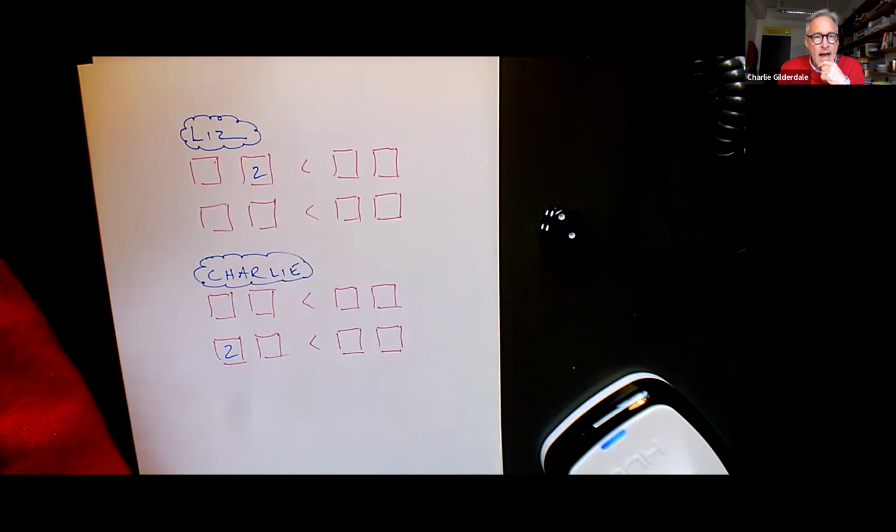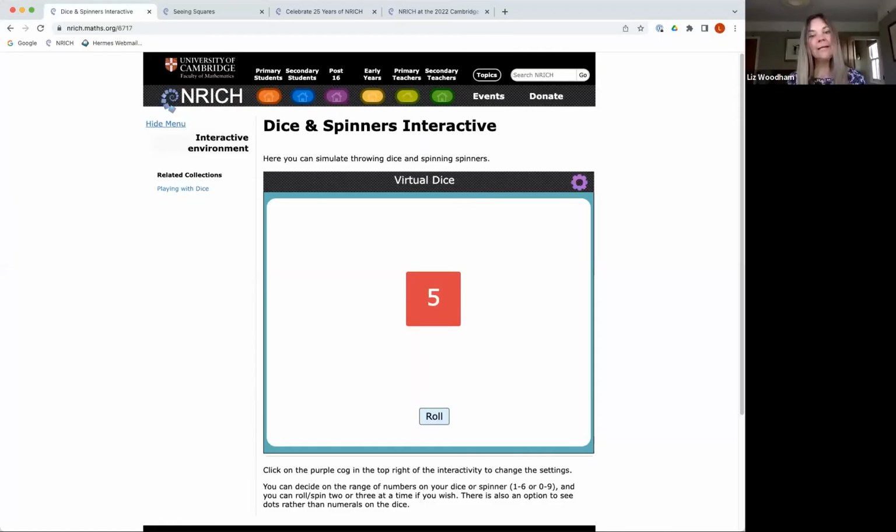Thanks, Charlie. I think Claire has put in the chat a link to the interactive dice, and perhaps you want to show everybody. Yes, great. I'm going to share my screen now. The first thing I'll share with you is this interactive dice and spinners that Charlie just mentioned. Claire's popped the link into the chat.